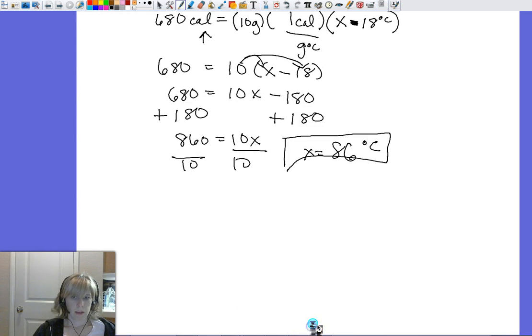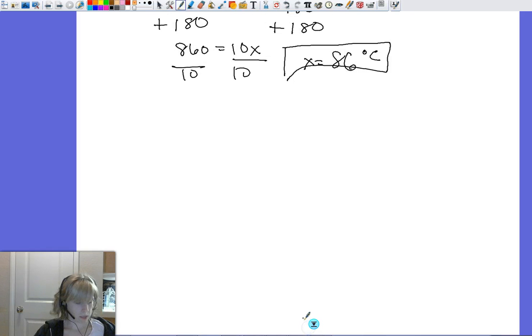Now let's take a look at number 15. So 15 says how much heat is given up when 20 grams of steam at 240 degrees Celsius are condensed and cooled to 23 degrees Celsius.